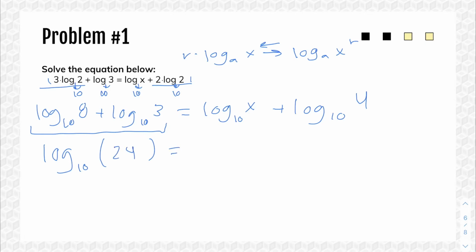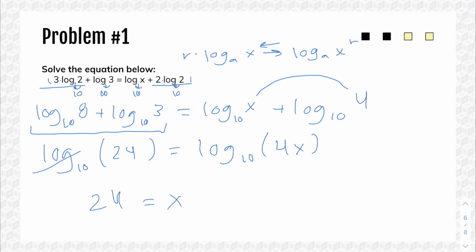That'd be equal to log base 10 of 4x, since we'll be multiplying these two arguments. Using the equality rule, we know that 24 is equal to 4x. We could also think of it as the two logarithms cancel out. So by knowing this, we know that x is equal to 6.